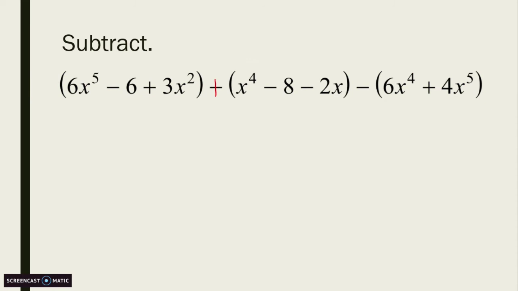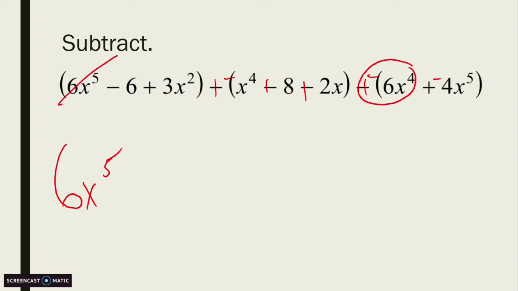Add the opposite. Add the opposite. Highest exponent is a 5, 6x to the 5th. Next we have negative 7x to the 4th.